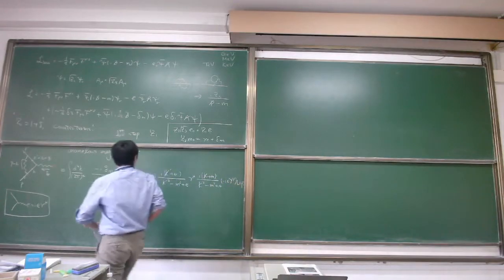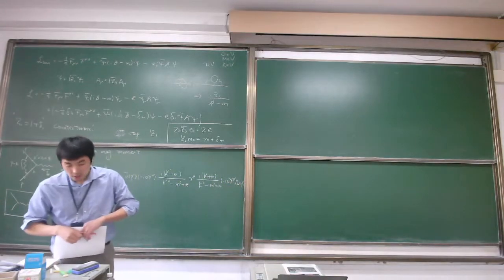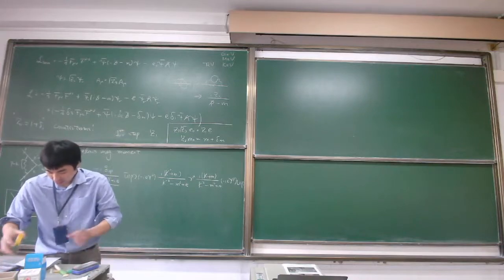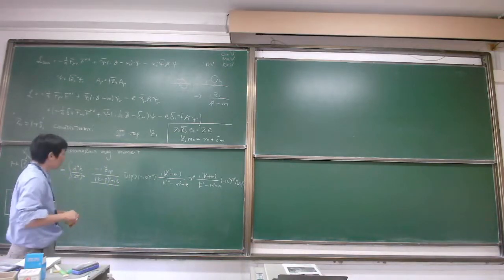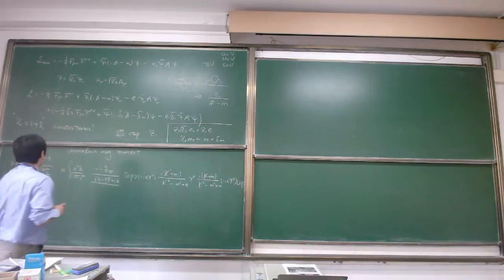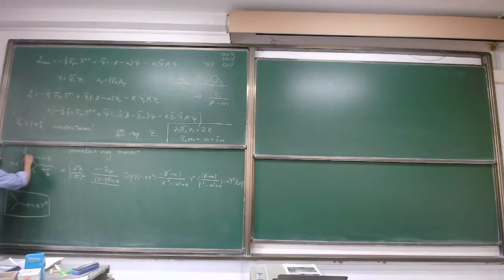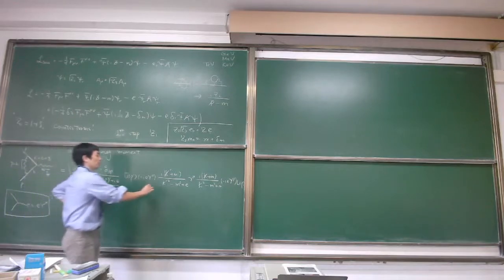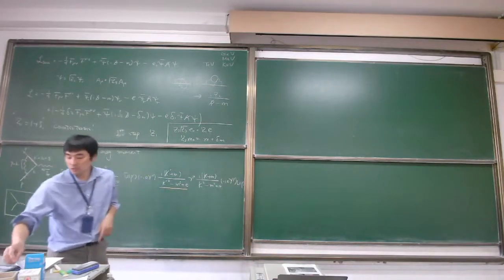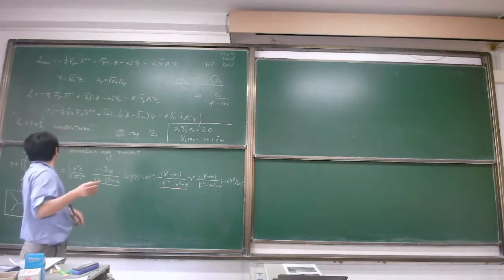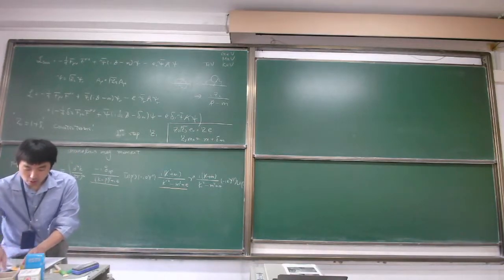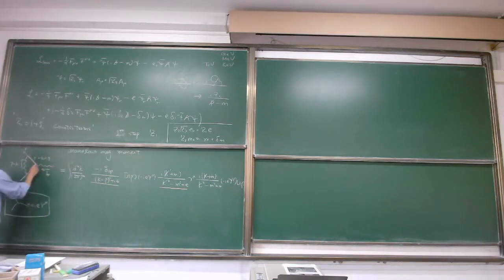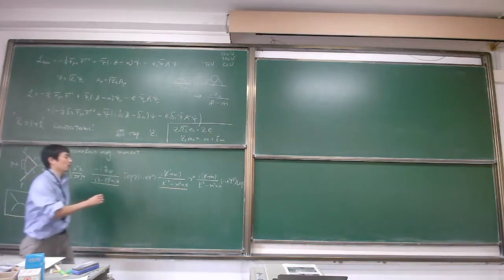So this is the diagram. This propagator, in orange, corresponds to this guy, and in purple is this guy.